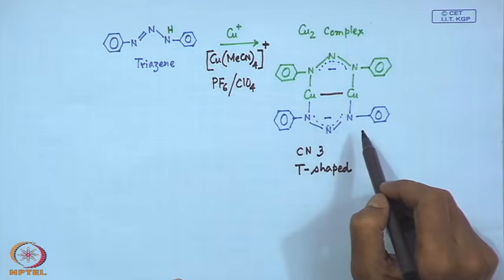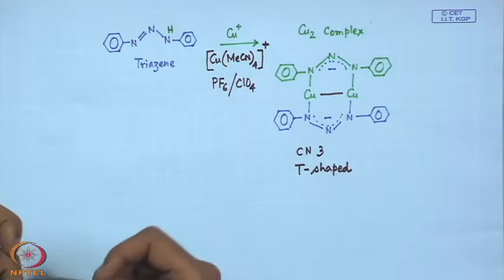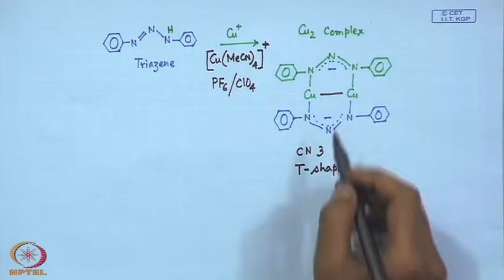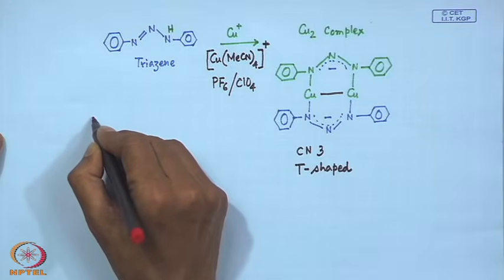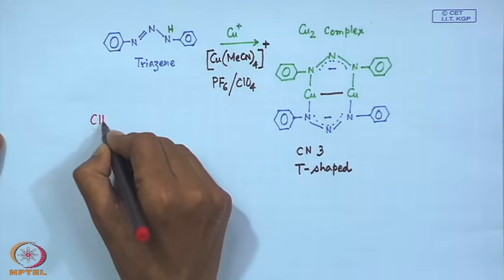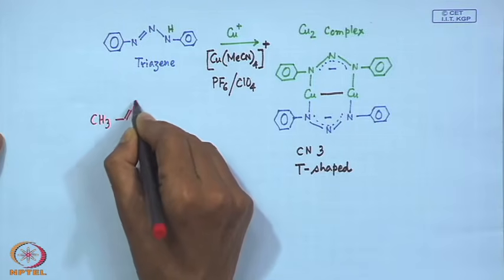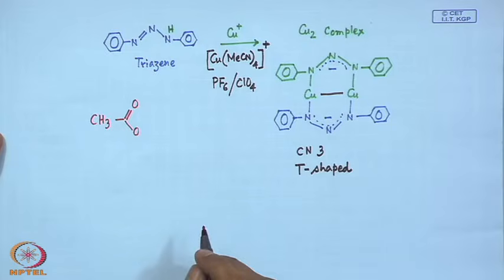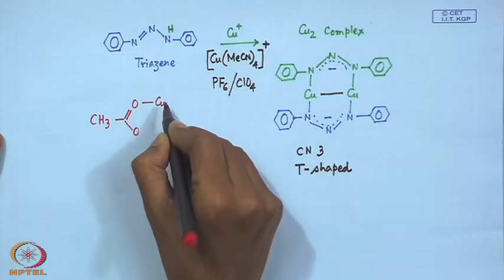Only if we have a copper complex, we get this particular geometry, and this type of binding is very common in copper chemistry. This triazine type of binding is also possible with the simple acetate group, and acetate also binds like this.